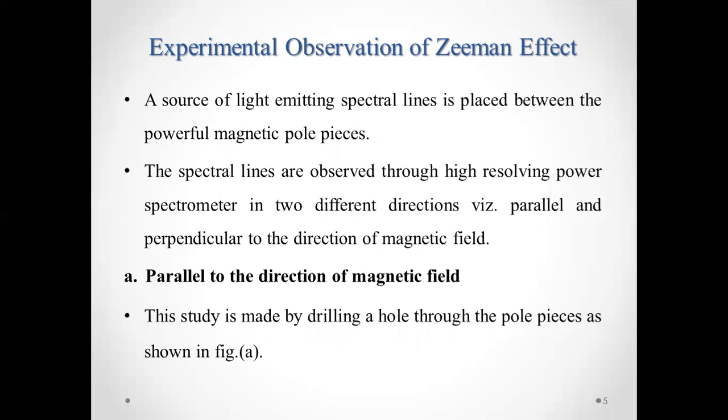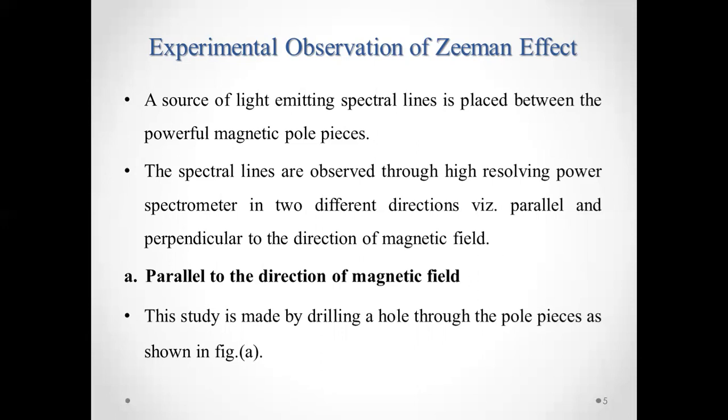The spectral lines are observed through a high resolving power spectrometer in two different directions, one parallel to the field and the other perpendicular to the direction of magnetic field.